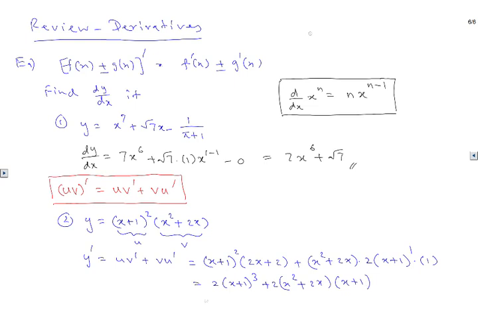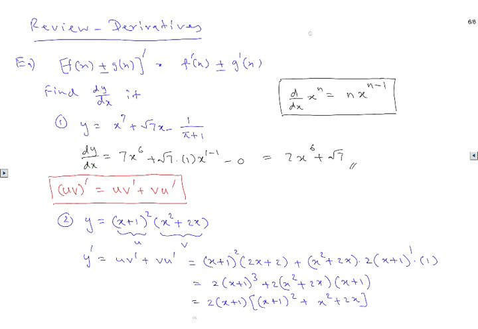So you can take 2(x plus 1) out as a factor, and you're going to get (x plus 1) squared plus x squared plus 2x.